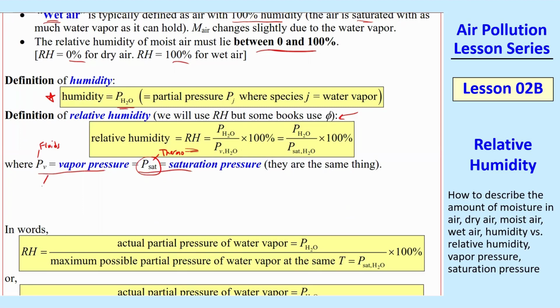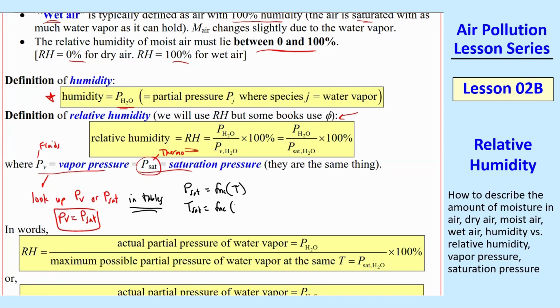Where do we get these? We look up PV or PSAT. By the way, PV equals PSAT, like I just said, they're interchangeable. We look these up in tables, and there's some online tables. They are also available on the website, which I'll show you in a second here. But I'll use PSAT, is a function of temperature, or you can write TSAT is a function of pressure.